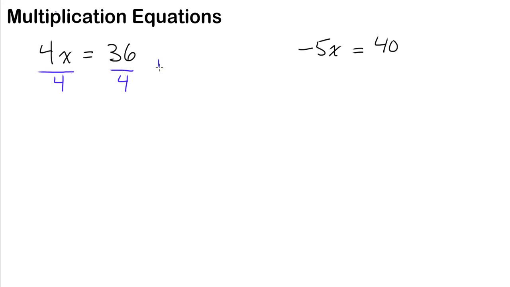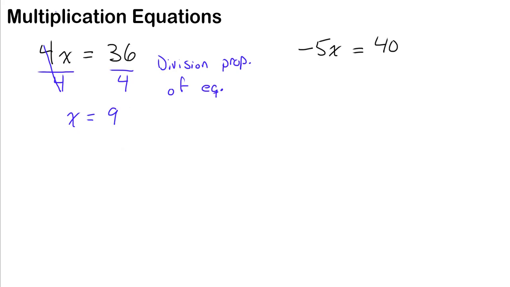Now this is called the division property of equality, because I am dividing both sides by the same number. So here, 4x divided by 4 equals 1x, or just x. So that's how my x is isolated. And on the right, 36 divided by 4 is 9.